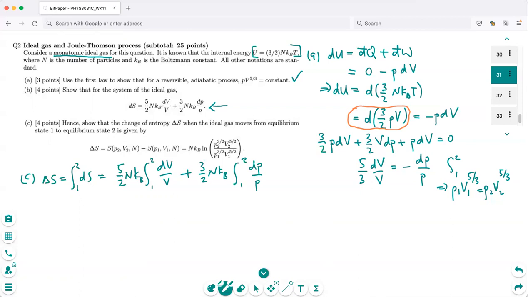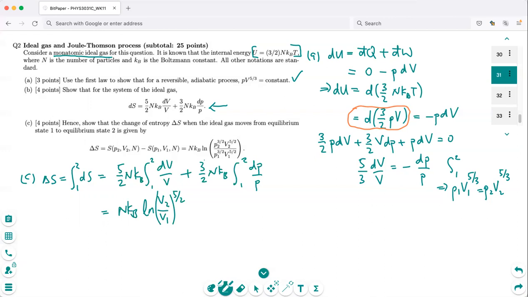Okay, then you have a bunch of logs to deal with. There will be a NkB. Now you can see all these exponents here. So those are related to this prefactor. So you know you have done something right because you introduce log here. Okay, so you have log V2 divided by V1. And you have this prefactor here. I'm going to put it in right away.